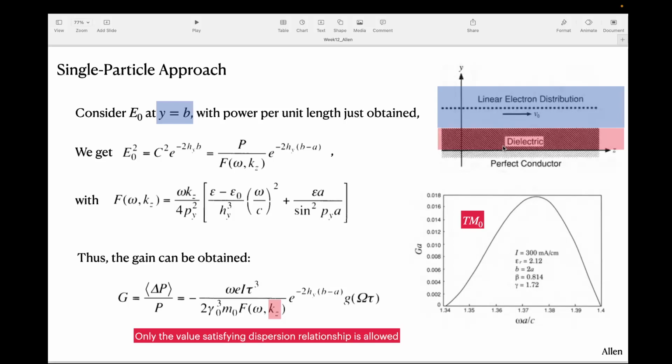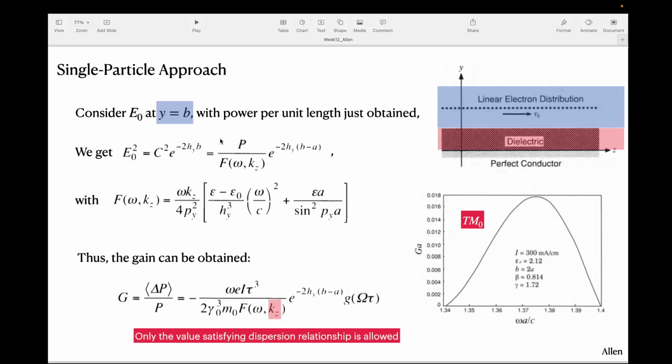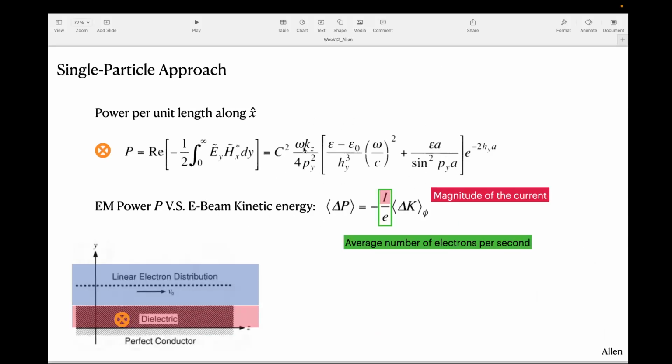And if we consider the longitudinal electric field E0 at y equals b, then we get this expression, and combined with the P that we just obtained here, we can get the second equation here, where the F is defined here, and this is actually a similar component to what we just obtained here with just a simple swapping of it.